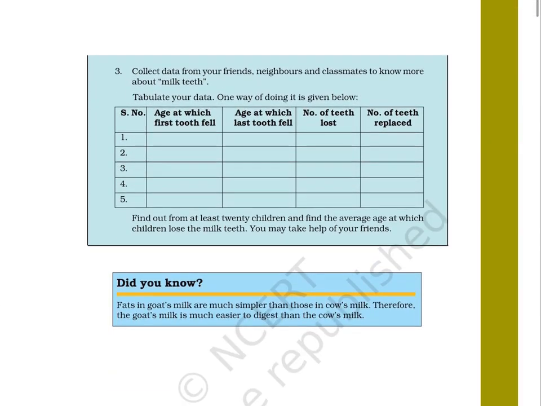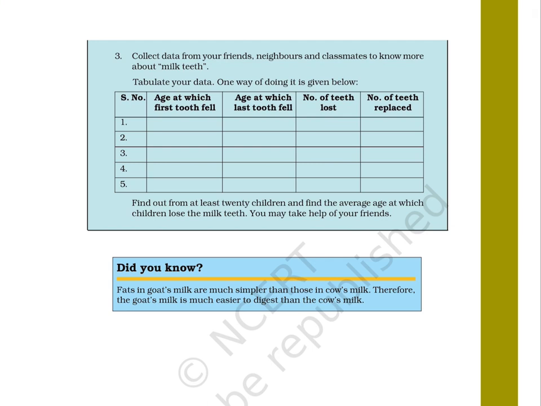Page 23. Collect data from your friends, neighbors, and classmates to know more about milk teeth. Tabulate your data. One way of doing it is given here. There's a table given here. In this table, there are 5 columns and 5 rows.